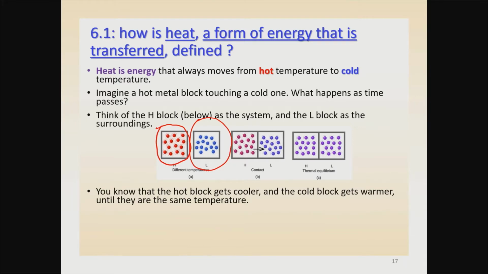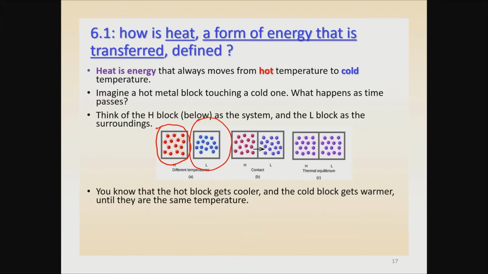Now the hot block has something that the lower block does not have. It's not so much heat that it has more of. Instead, it has more thermal energy. It is the thermal energy in the hot block that makes it a high temperature. It is less thermal energy in the cooler block that gives it a low temperature.